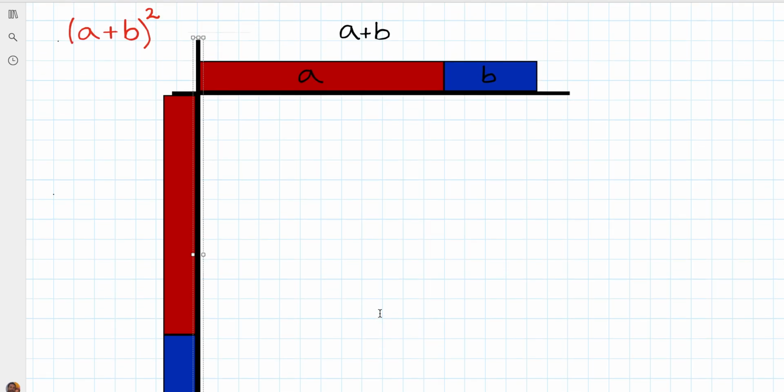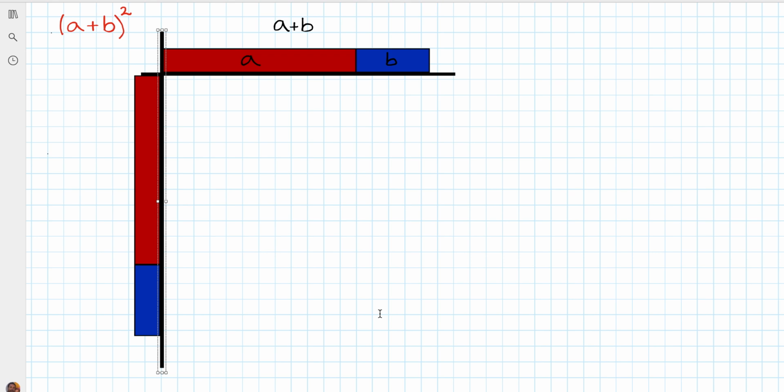So what I have here, and maybe I can make this one a little bit smaller so we can see it all, is also A and B. And I have A plus B. I'm just putting together here A plus B. And I know that if I create this one, I'm going to have a square here that is going to be A times A. Do you agree?